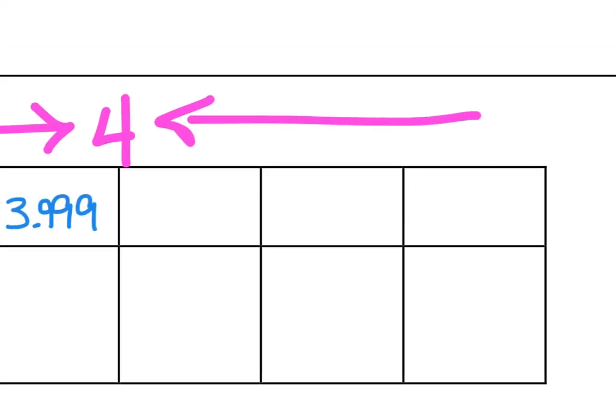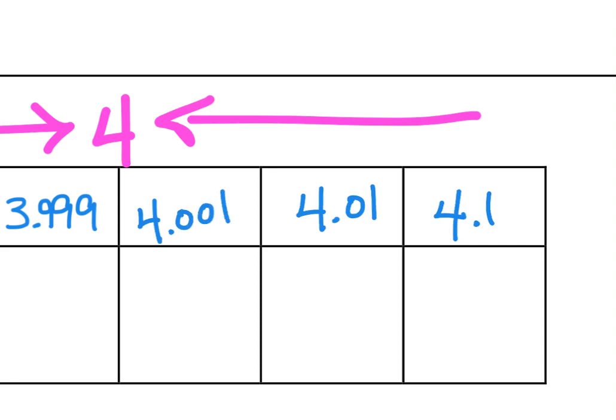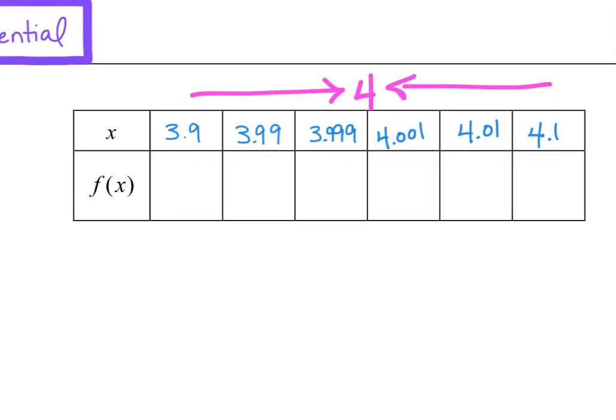And then over here, 4.1, 4.01, and 4.001. So go ahead and pause the video, plug all these numbers into your calculator and compute your y values, and then come back.